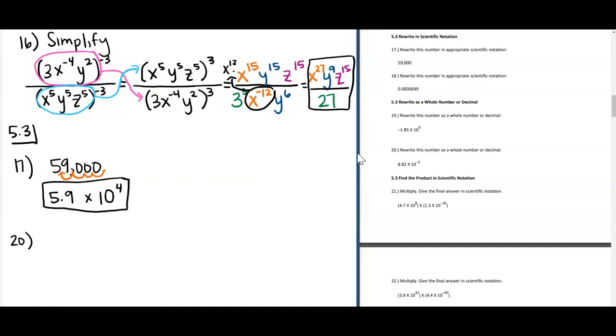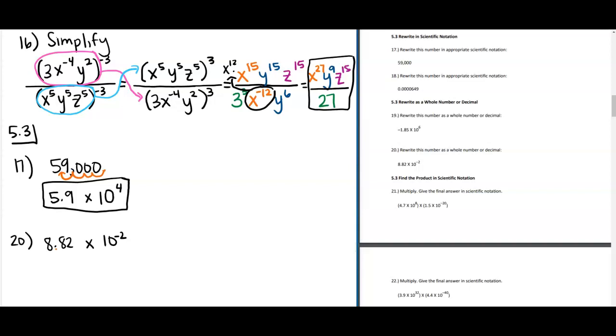And on number 20, we're going to take a number that's already written in scientific notation, and we're going to change it to a number in standard form. So with this one, this negative 2 exponent is telling us that we are going to move our decimal 2 places to the left.